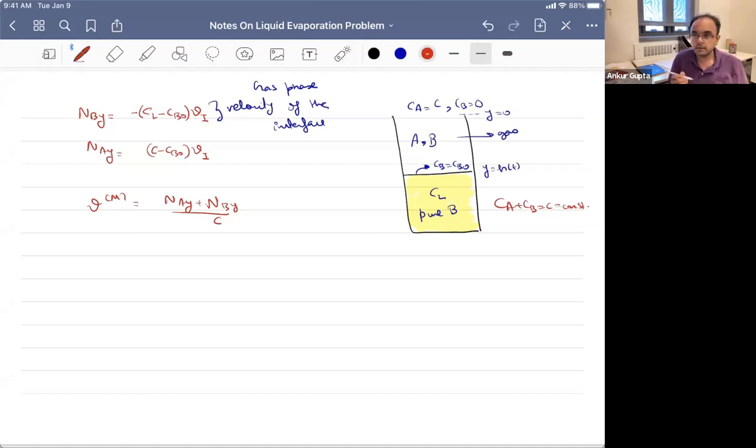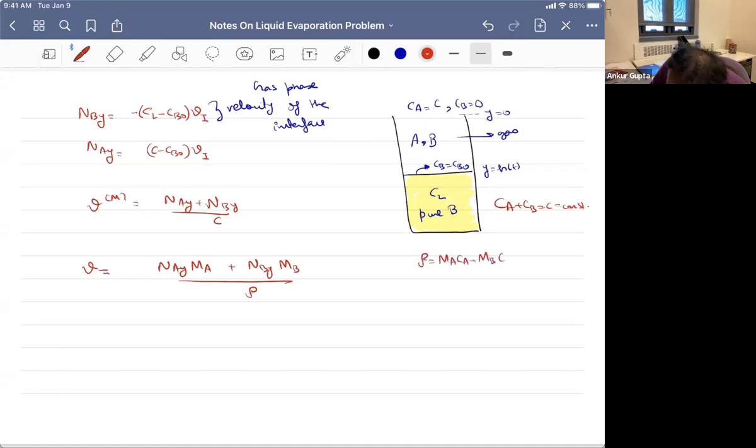However, if I want to write the mass average velocity V, then it is (NAY MA plus NBY MB) by rho. Remember that rho is not necessarily constant: rho is equal to MA CA plus MB CB.